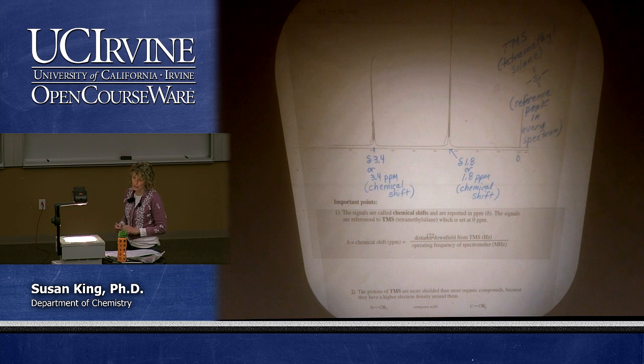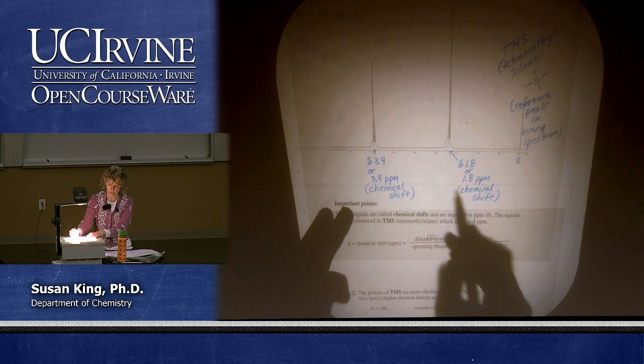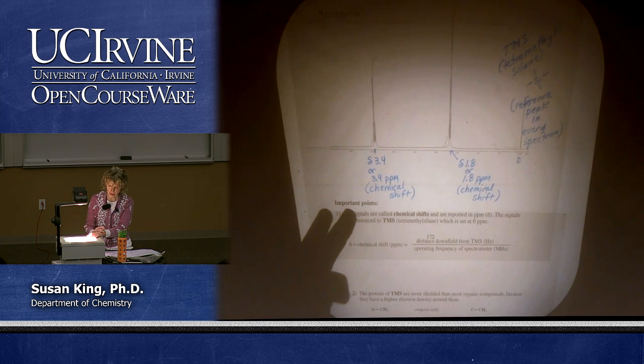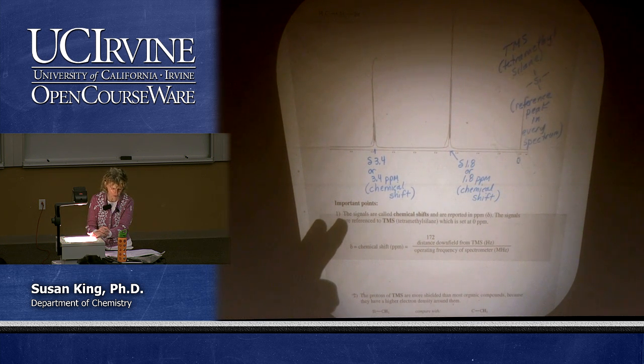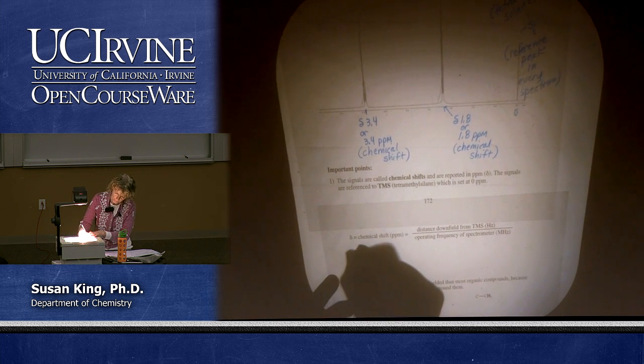Chemical shift in parts per million does not change with the instrument. Chemical shift in Hertz does. So we normally indicate the chemical shift with parts per million, or the little delta sign. You can also use Hertz, but generally speaking, we don't use Hertz.